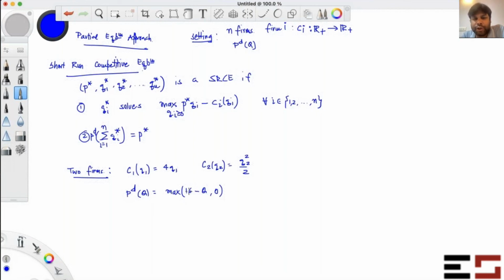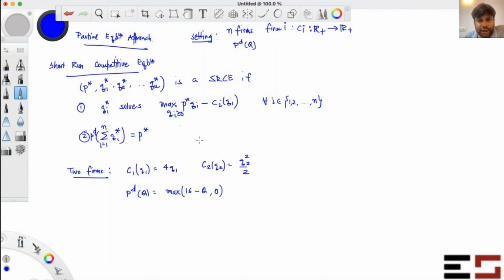At price equal to 4, the total demand is 16 minus 4, which is 12. Okay, so if the total demand is 12, then what is the remaining demand? Actually 8. So 8 units will be supplied by firm 1. So it's not 7, it's 8.